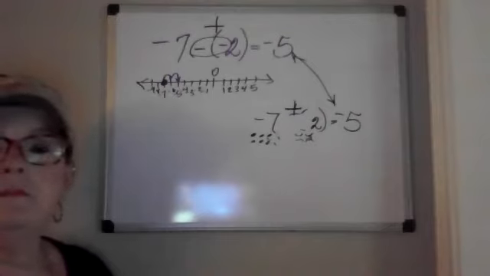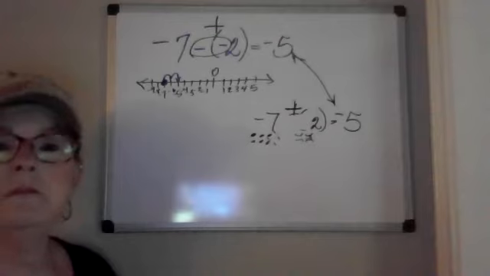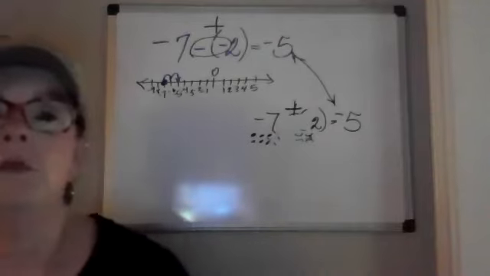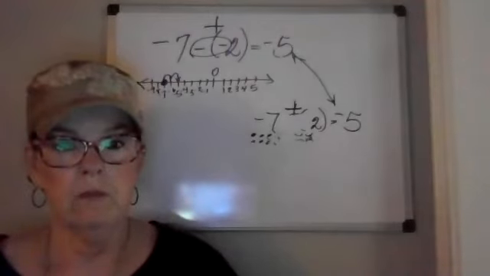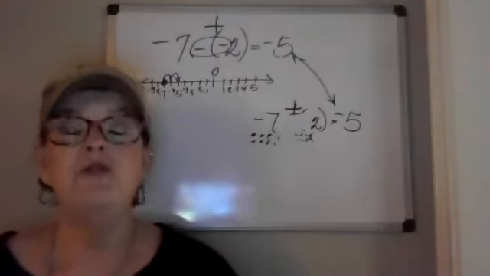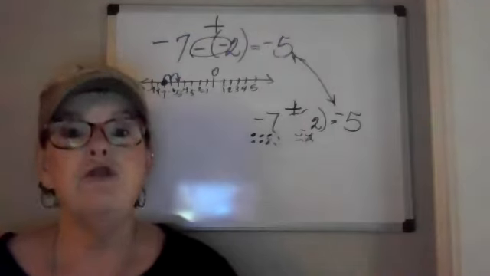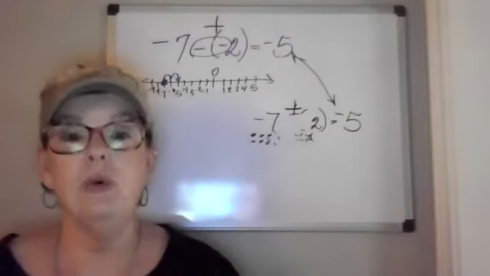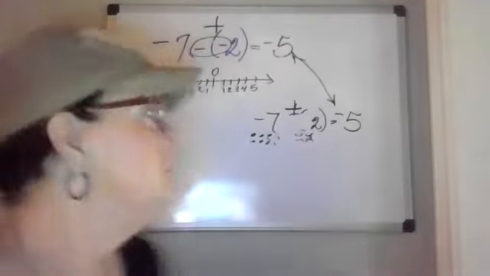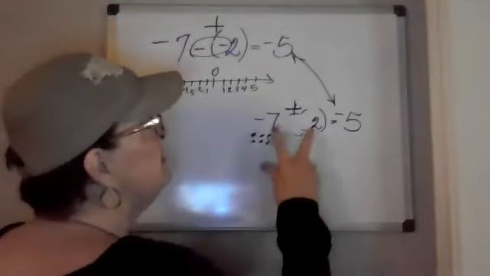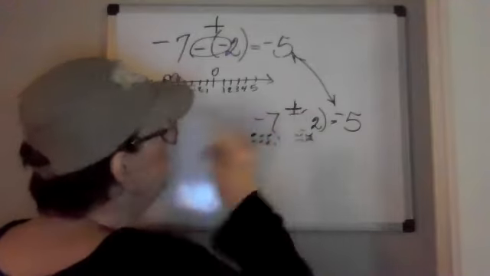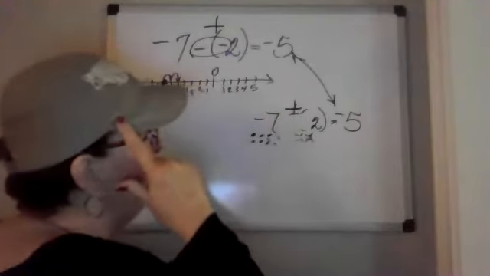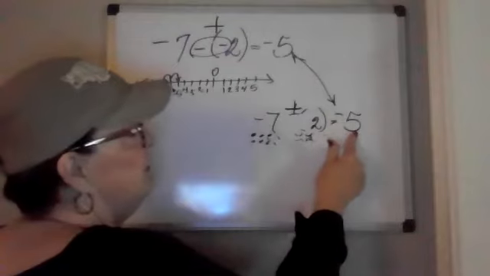I want to subtract it for some reason. If you're using the rule, it says if the signs are different, you think subtract in your head, and that is 5.